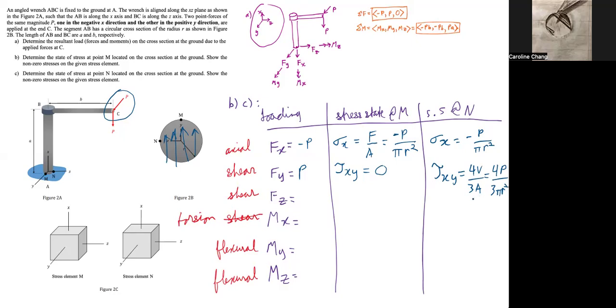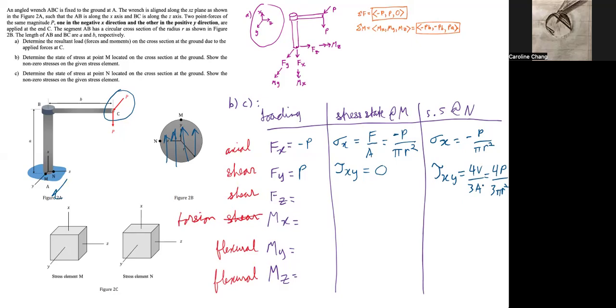And is it going to be positive or negative? Well, to determine whether the shear stress is positive or negative, we have to consider where our shear force is pointing. So our shear force is pointing in the direction of the positive y-axis.